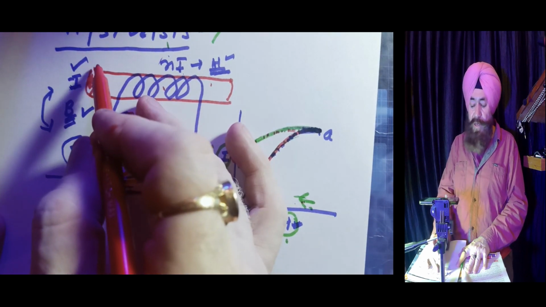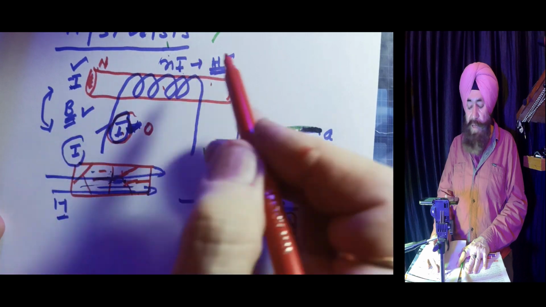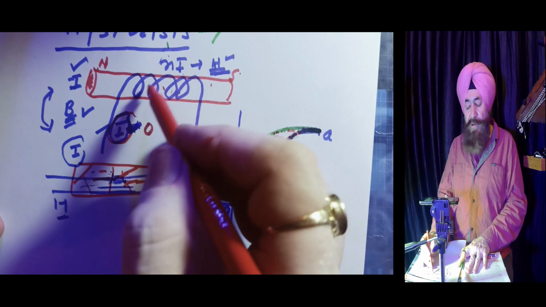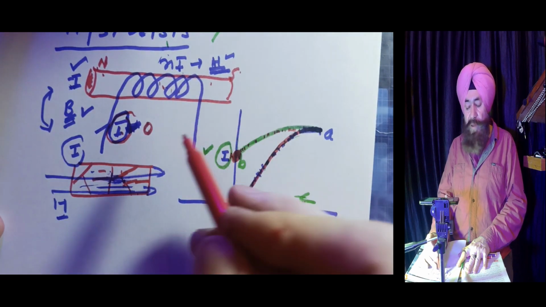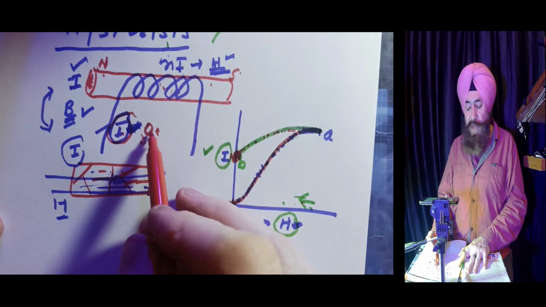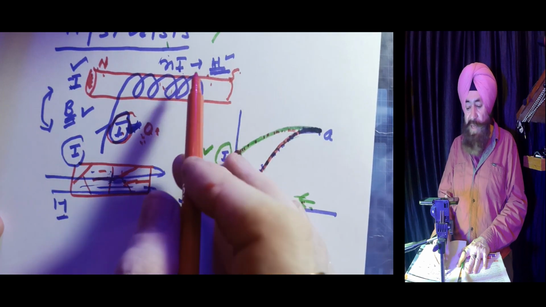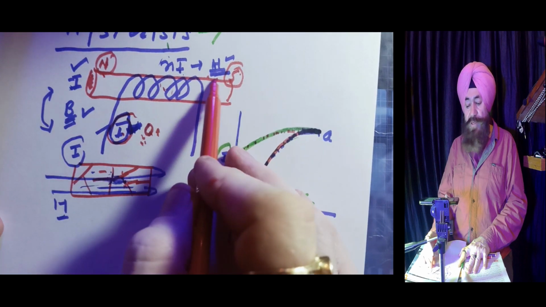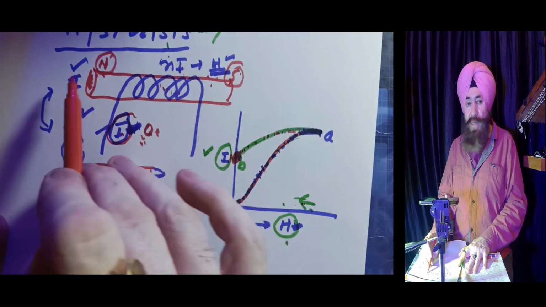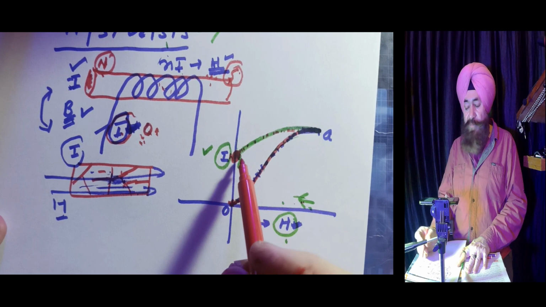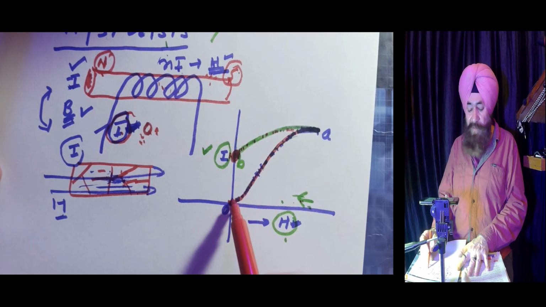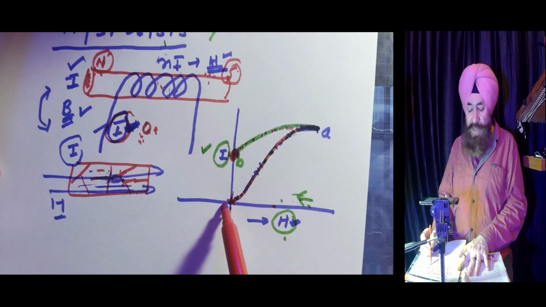Suppose this end of the iron becomes north and this end becomes south in the presence of H. But when H is made 0, or I is made 0, even then there is some pole strength. Some pole strength means there is some value of I which is left when H is 0.